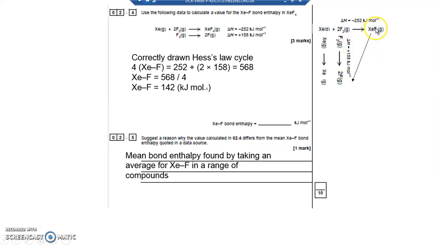In other words, the Xe to F bond changes depending on what else is bonded to it. So in this case, Xe to F has got 3 other Xe to F bonds around it, but it may not have. So we find the Xe to F bond from a range of compounds and take a mean. So in this case, it might be slightly different than the mean value when we've taken the average of the Xe to F bond enthalpy in other compounds into account as well.